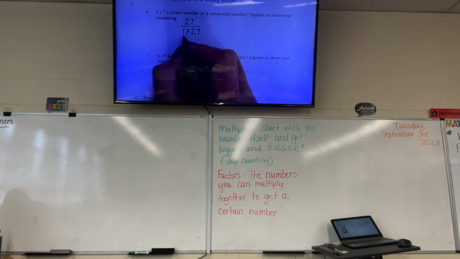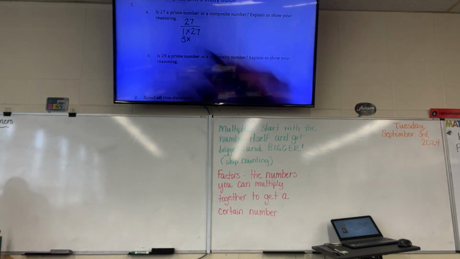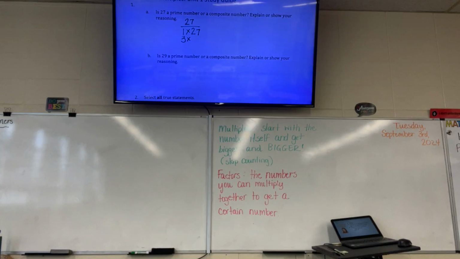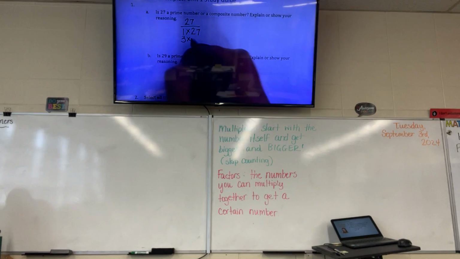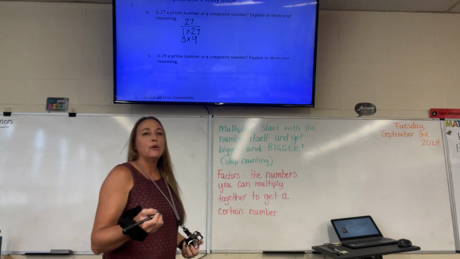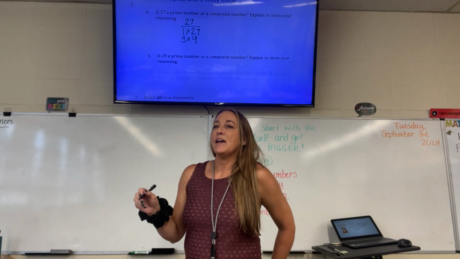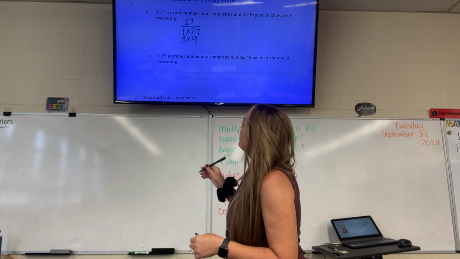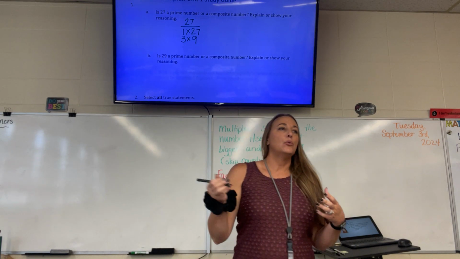Can 27 be divided by 3? Yes. If we look at our multiplication table and go to the 3 row and find 27, and then go up, 9 is 3's partner. We don't even have to go further than this because we found that 27 has 3 or more factors.